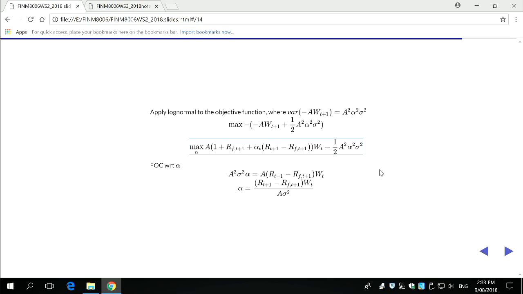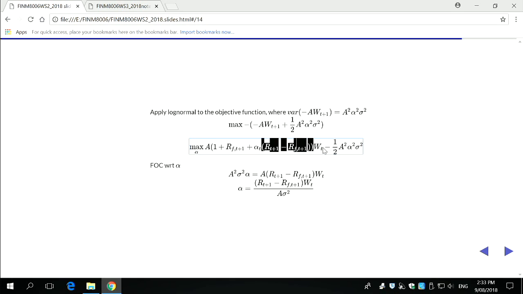All right? Now I can take the derivative with respect to what? Alpha, because we are choosing alpha, right? We're trying to choose alpha to maximize it. So if I take a derivative with respect to alpha, the only things that have a coefficient before alpha are this term and this term, right?